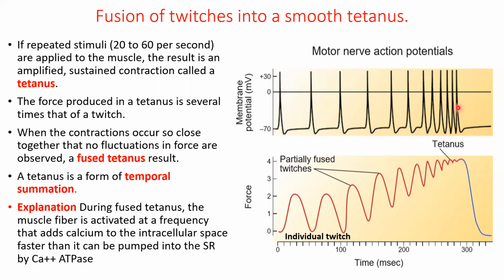That means the stimulation is at such a rate that the muscle is tetanized. And that is what we call tetany. Okay? It's in a contracted state without any relaxation in between. So increasing the force of contraction by increasing the stimulation in the alpha motor neuron coming to the muscle.